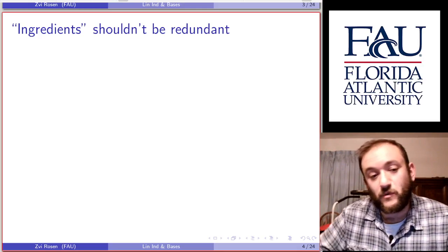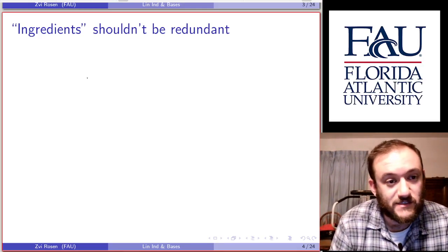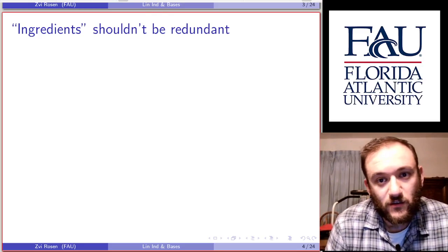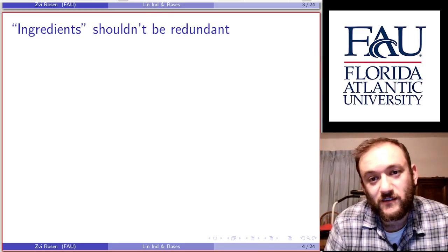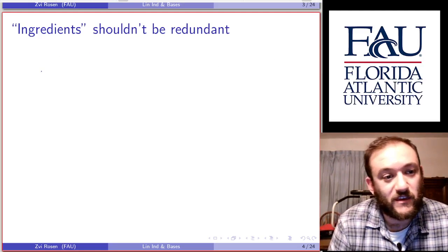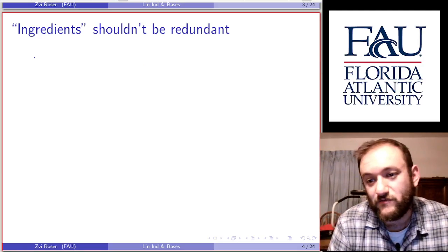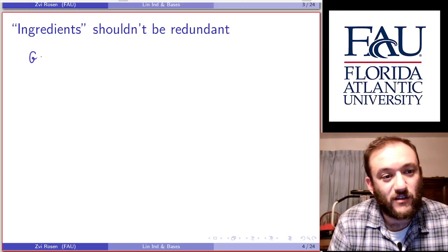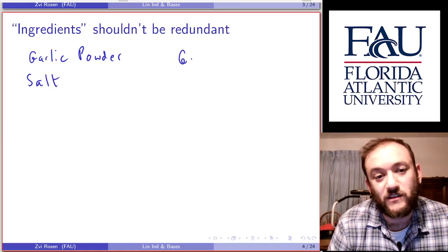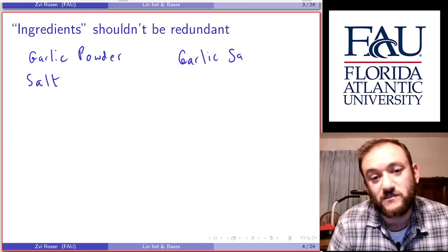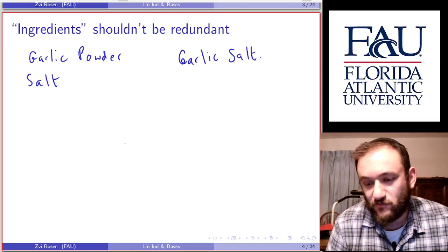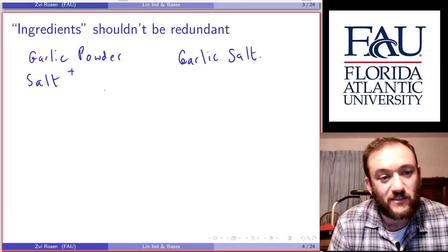The first thing we want to be aware of is that the ingredients shouldn't be redundant. Using the metaphor of an ingredients list, if you have a bottle of garlic powder on your shelf and salt, and you also have garlic salt, which is just garlic powder and salt, it's going to get confusing because the two of these together are just going to be the same as this.